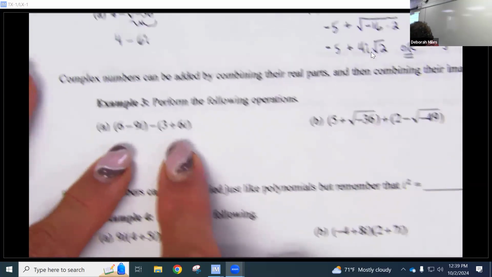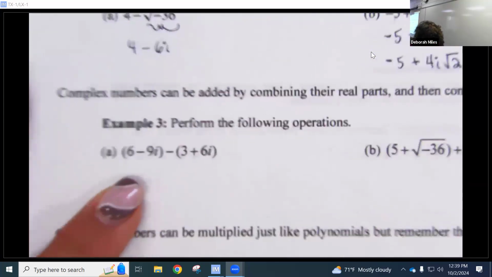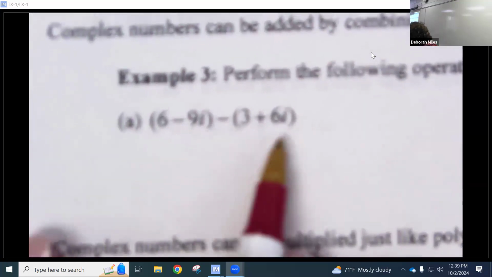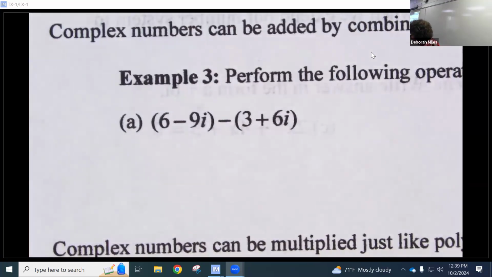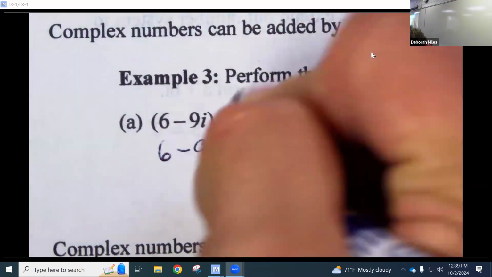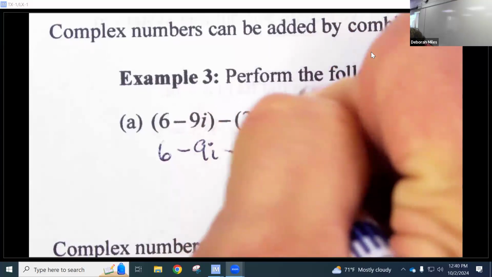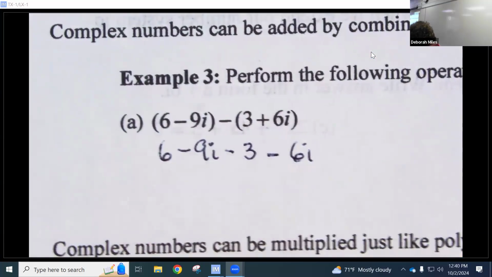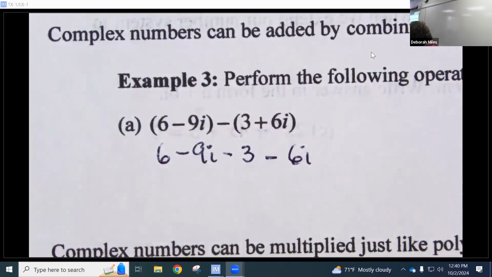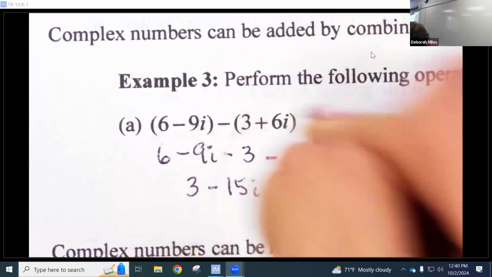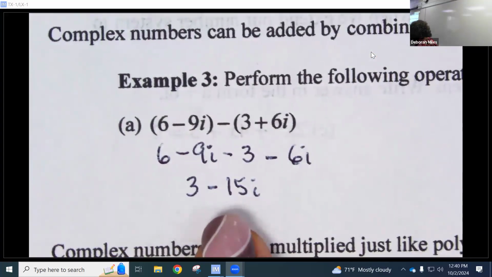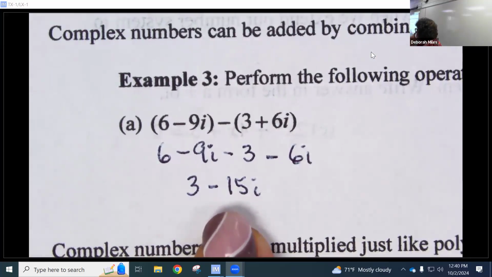For example, in Algebra 1, in about the 8th grade, if you hadn't told me that i was something special, I would have just treated it like an x. I would have said, that's 6 minus 9i minus 3 minus 6i, because I know I have to distribute that -1. And when I combine like terms, that's 3 minus 15i.